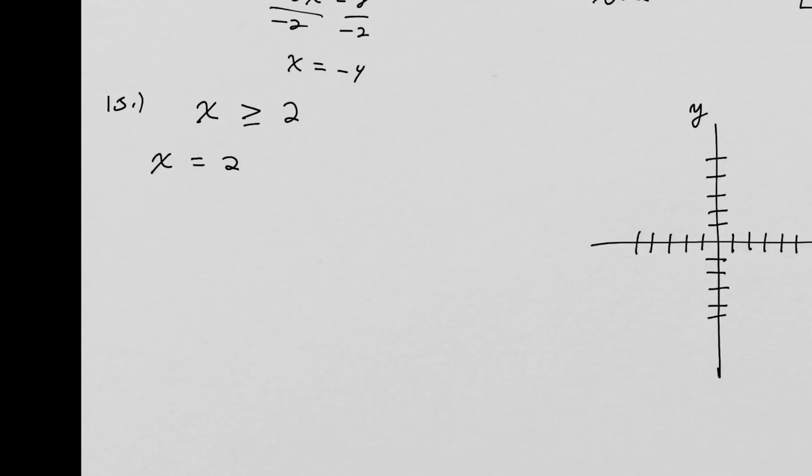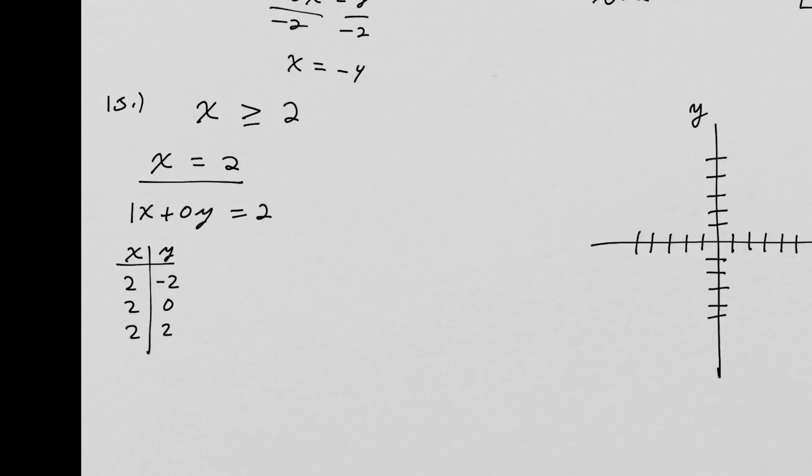And again, we could write it as 1x plus 0 times y is equal to 2. Then if we make a little table, we'll find that it doesn't matter what y is, x is always going to be equal to 2. But it's easier if you just remember that whenever you have x equals a constant, that is going to be a vertical line that passes through the point 2, 0. And actually, the coordinates of every point on that line are going to be 2 comma something.